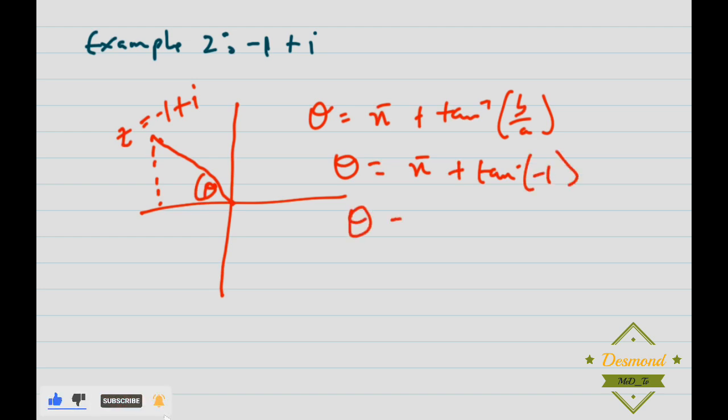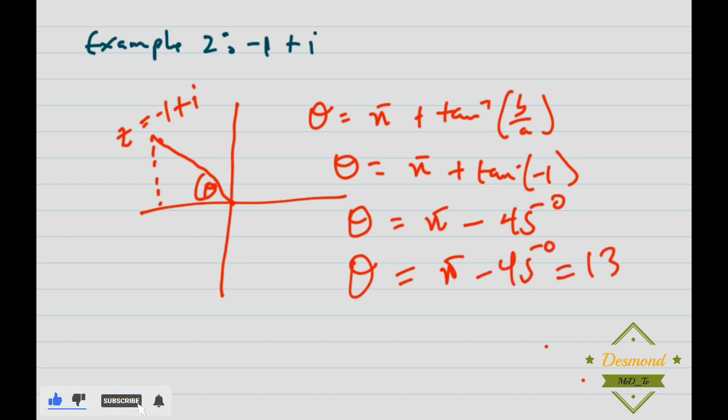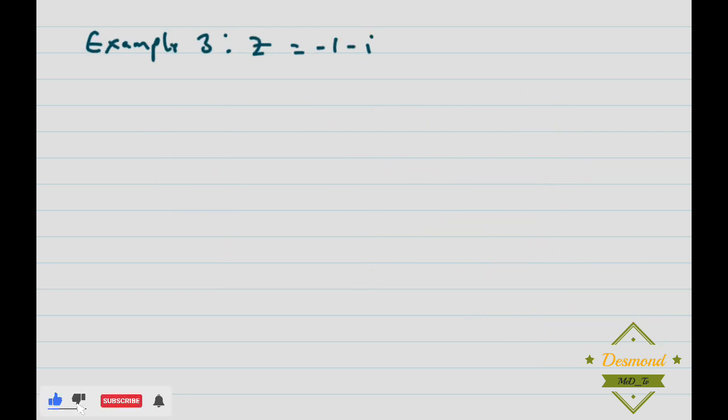So theta is going to be pi minus 45 degrees, and you know pi here is 180, so when you just subtract it, it's going to be 135 degrees, or 3 pi on 4 radians. Very simple. This is our answer for example 2. Let's go to example 3.